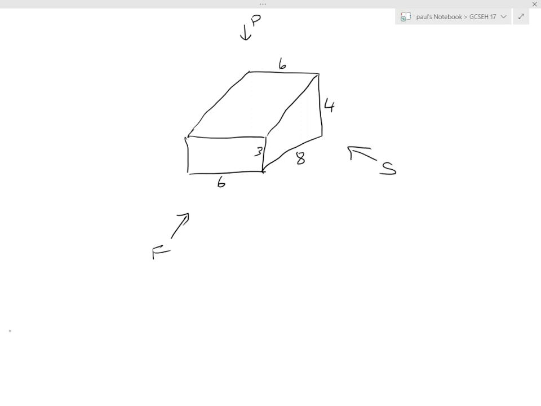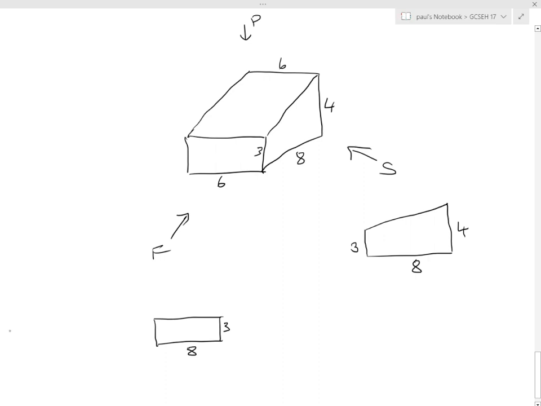So the side, you're going to have an 8 at the bottom, and then up for a 4, then up for a 3. See, just join those 2 together. So that's why you don't need to know that sloping side. Right, so from the front, we're going to see this rectangle here, which is 3 by 8, and then you're going to see some of that sloping bit.